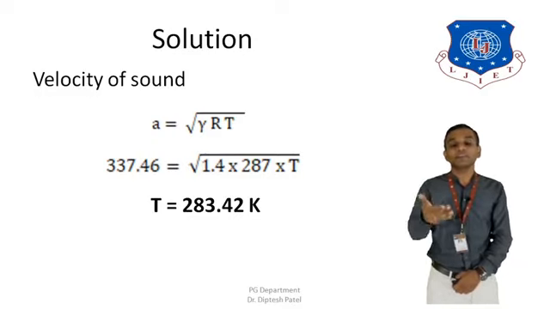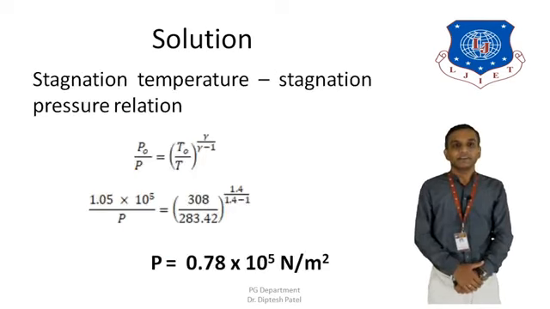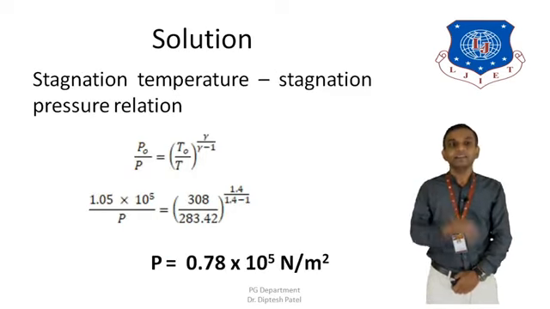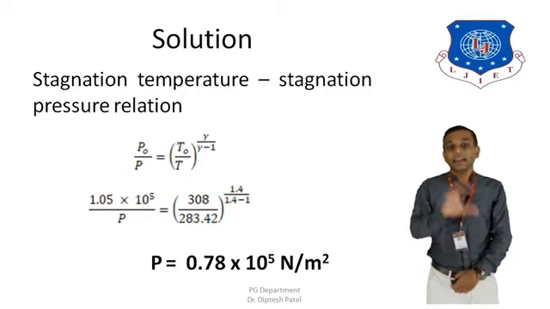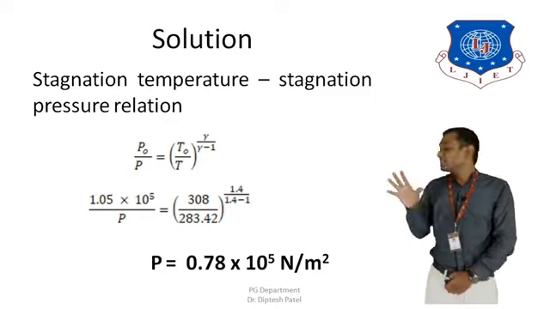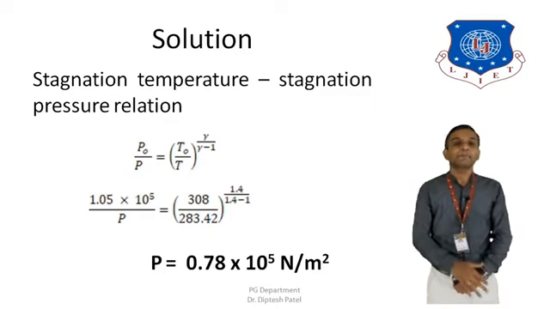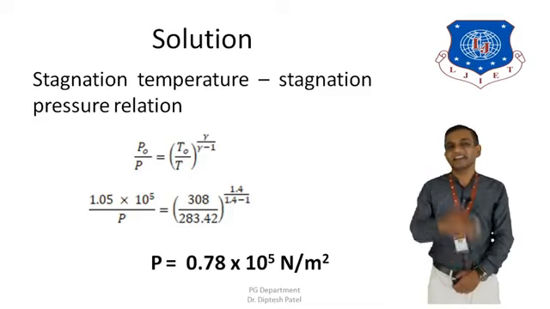Now let's move forward to calculate the pressure at static conditions. For that we are going to use the isentropic relations. The stagnation temperature and stagnation pressure relation says that P0 upon P is equal to T0 upon T raised to gamma upon gamma minus 1, which is the isentropic relation.